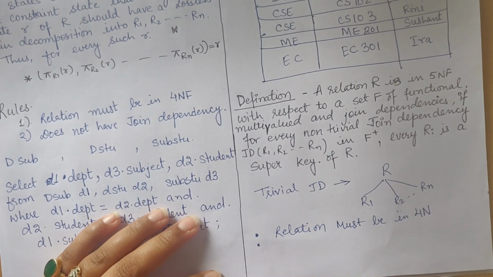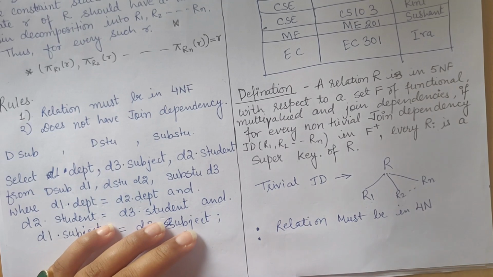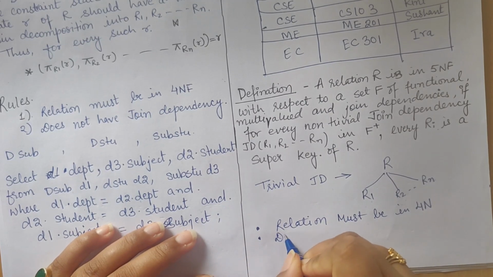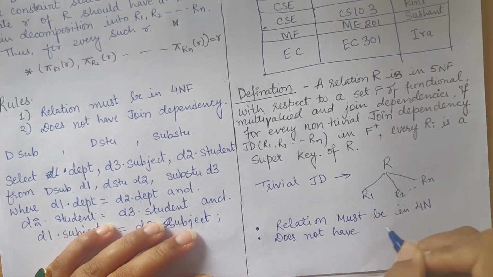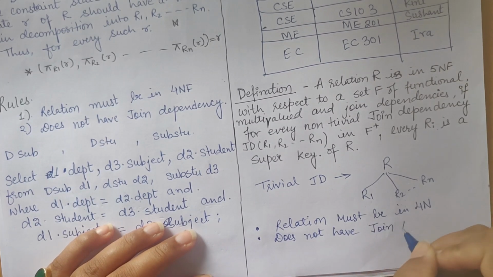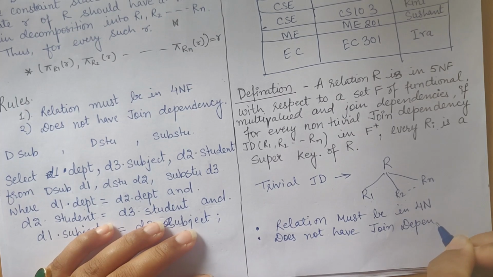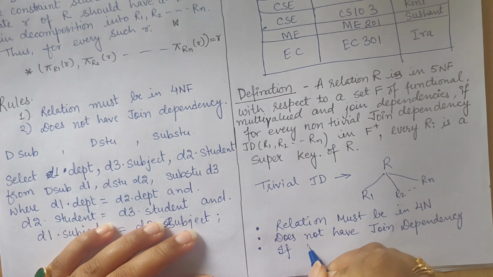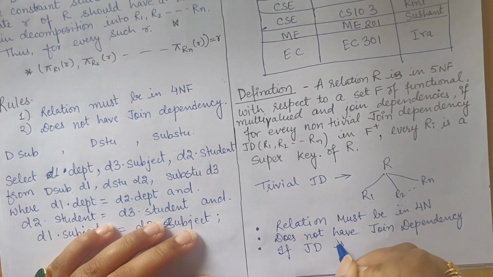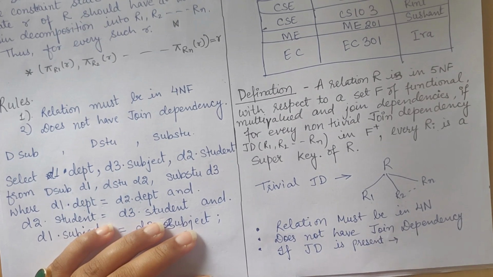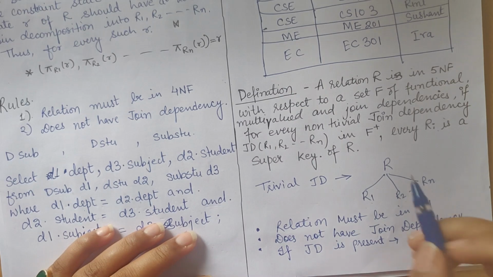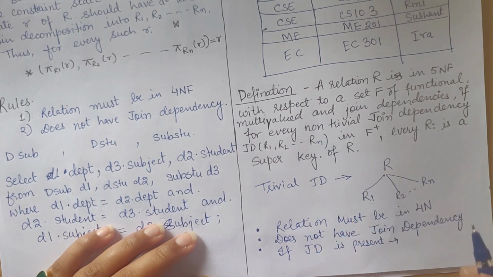Second important point to remember to be in 5NF, that it should not have a join dependency. Third point, if join dependency is present, it can only be a trivial join dependency because the problem is created by the non-trivial one.